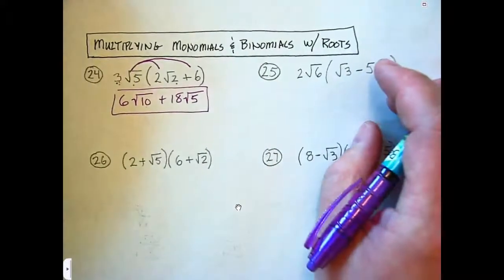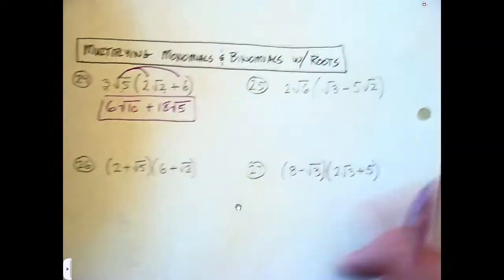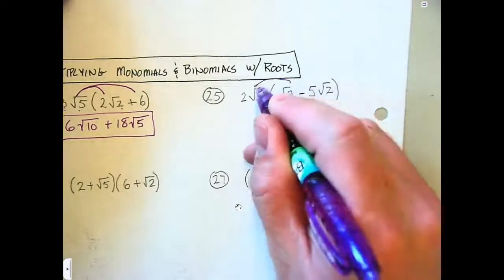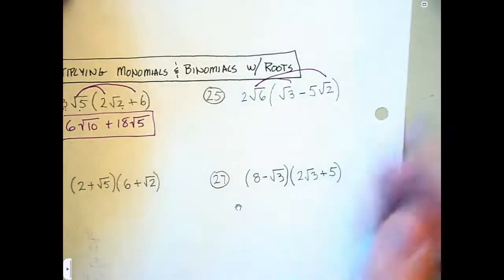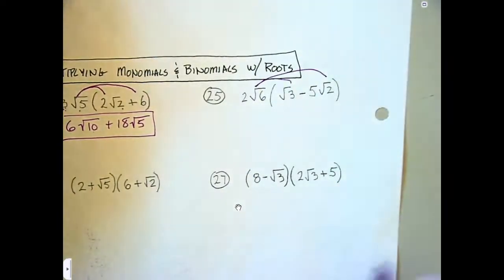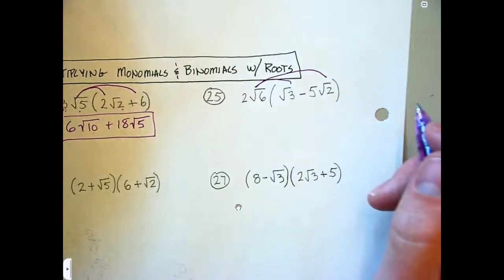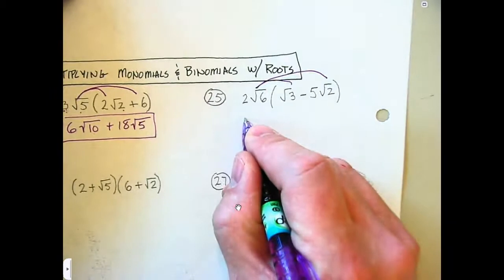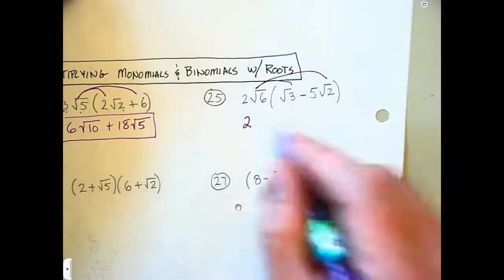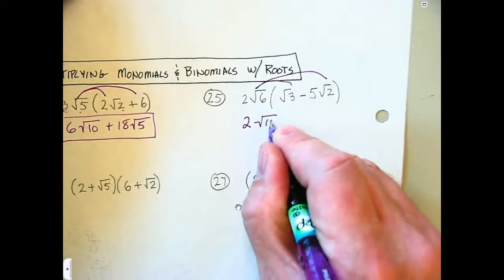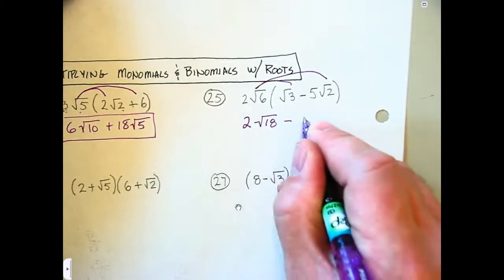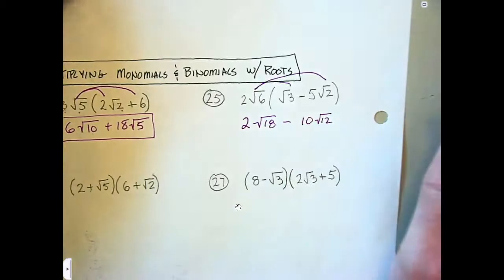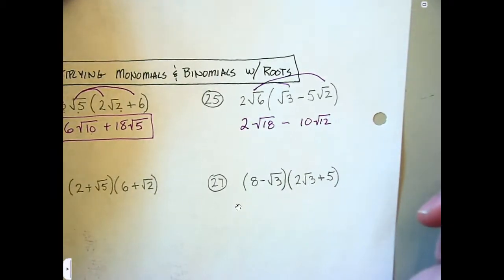So actually, rather than going to 26, let's do 25 real quick. So multiply it out, distribute it first. Everyone get 2 root 18, 10 root 12?